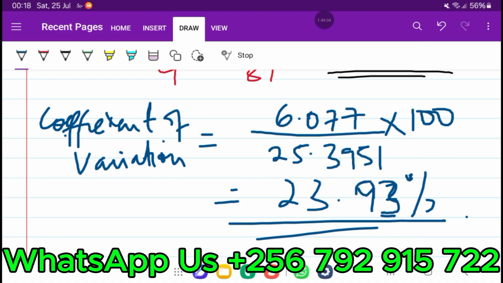where we shall look at the relationship between mean, mode, and median. They will be giving us a direction of whether the distribution is skewed to the right or to the left, or it's a normal distribution.